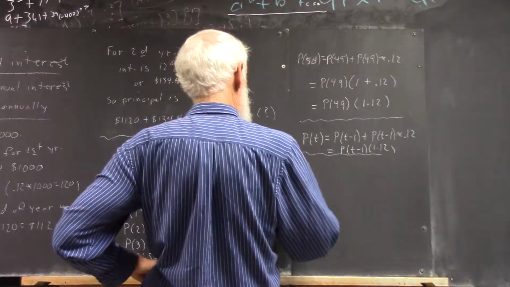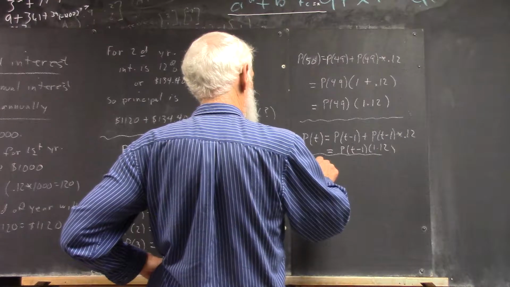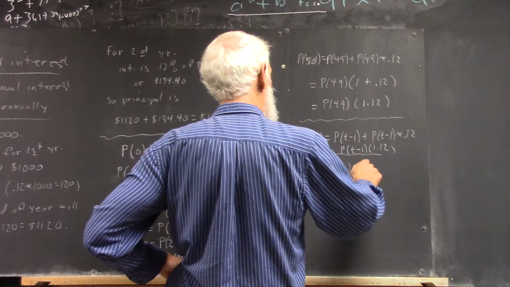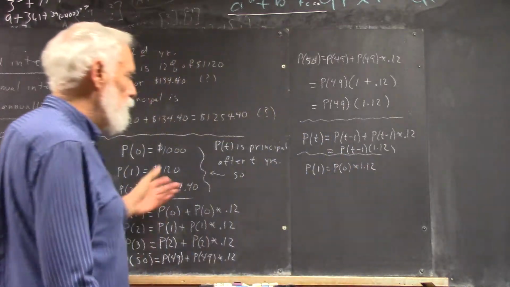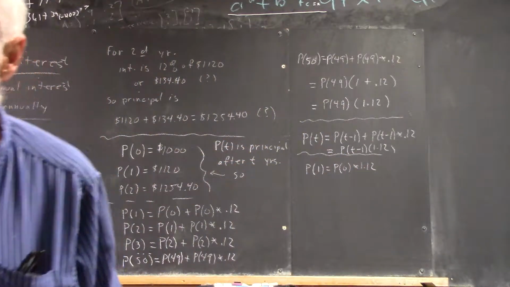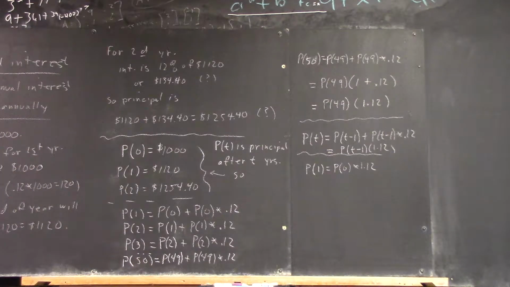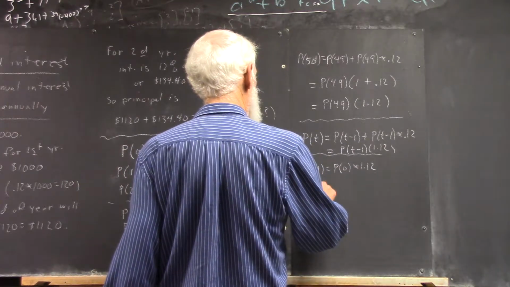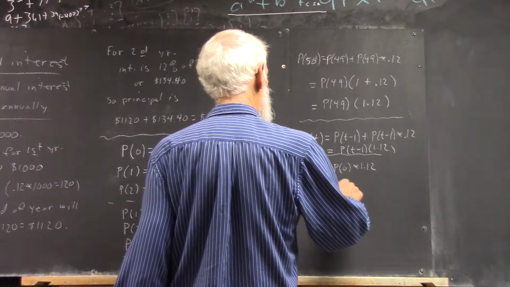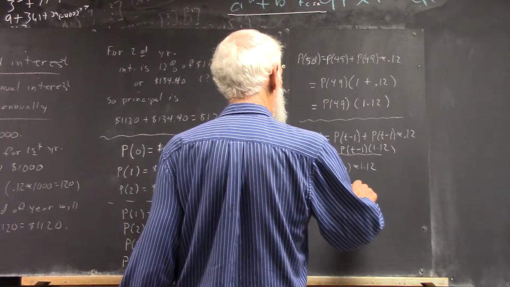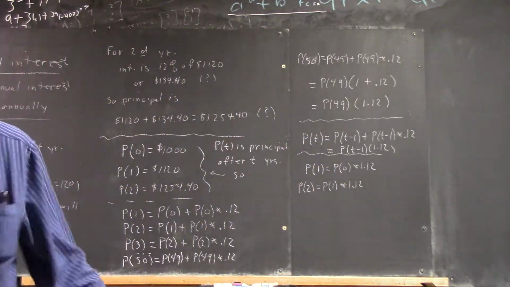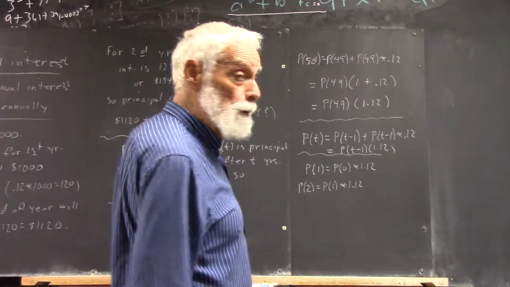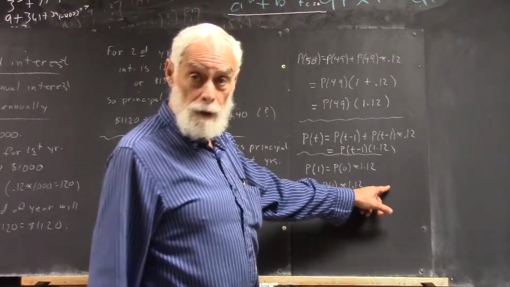Well, I want to build this up again. Except that P of 1 has to be P of 0 times 1.12, right? Well then, P of 2 equals P of 1 times 1.12, right? But what's P of 1 equal? Equals P of 0 times 1.12.